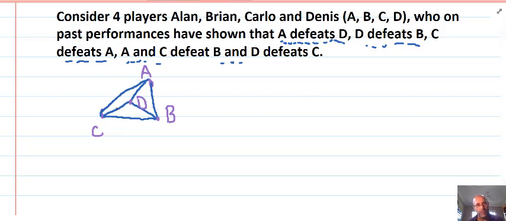Now what we do, we use a little convention where we put arrows on the digraph. The direction relates to who defeats who.